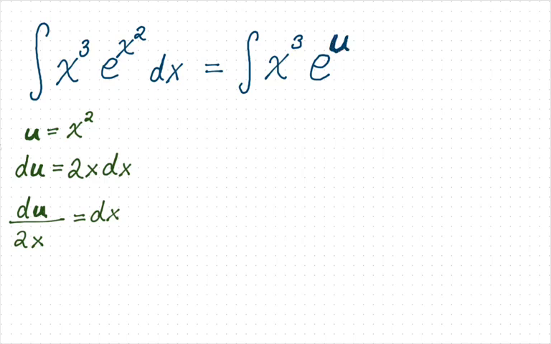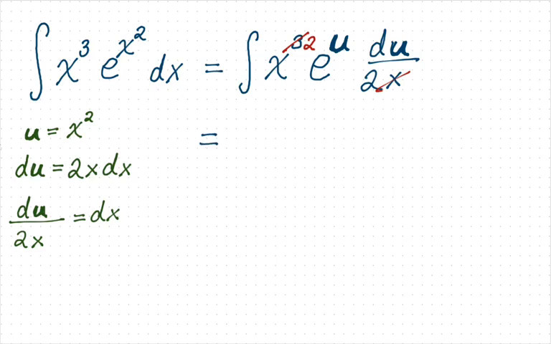And then that dx becomes du over 2x. And so this x is going to cancel out with one of the x's in x cubed to make it x squared.